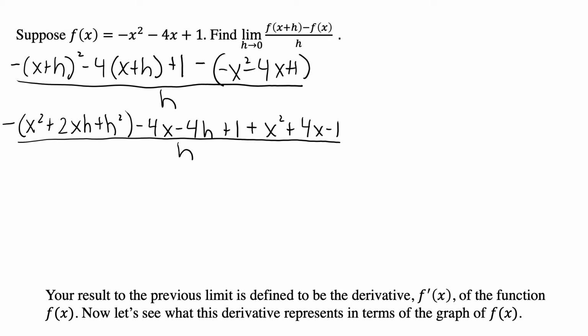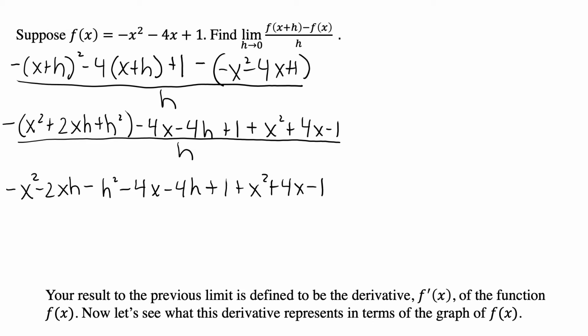From here, I'm going to distribute my negative through that first term, so this becomes negative x squared minus 2xh minus h squared minus 4x minus 4h plus 1 plus x squared plus 4x minus 1, and that's all over h. And again, just go slowly through this to make sure that you are distributing negatives wherever appropriate.